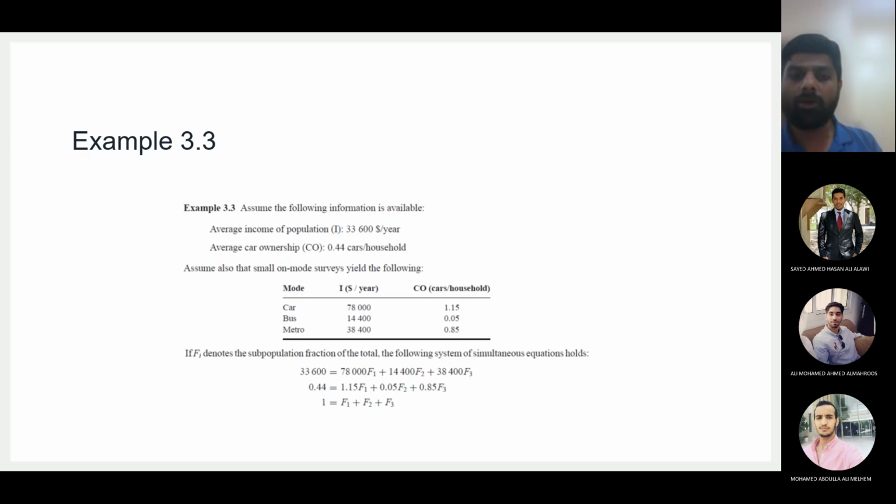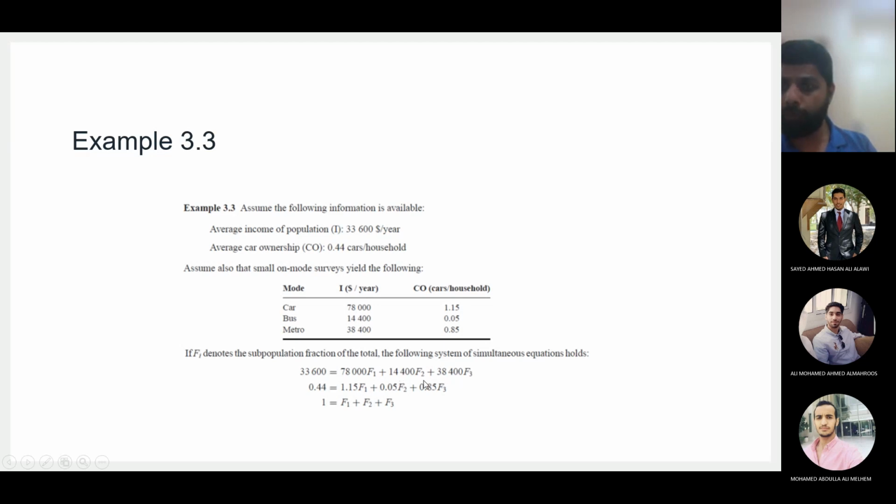So now what they are doing: the overall average equals the average of car users multiplied by F1. What is F1? The fraction of car users, the proportion of car users in the population, plus 14,400, which is the average for bus users, into F2.